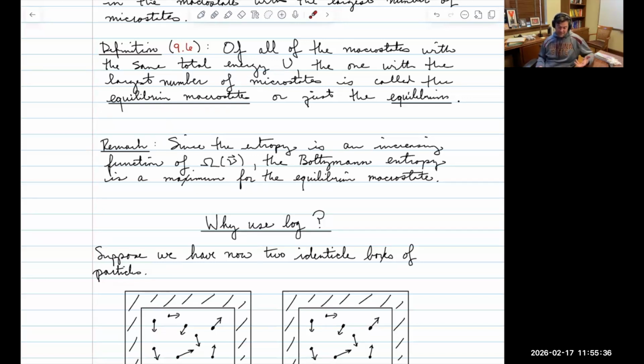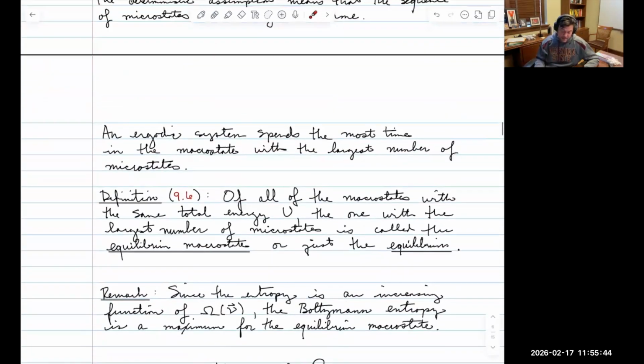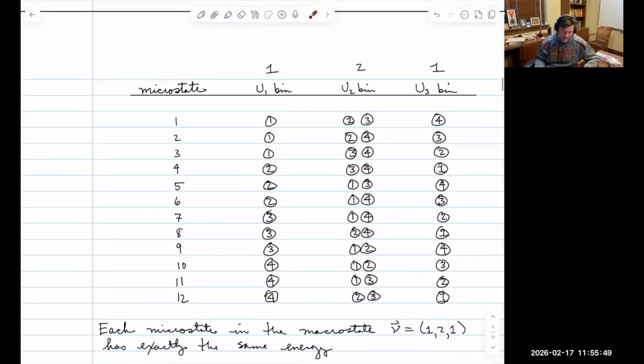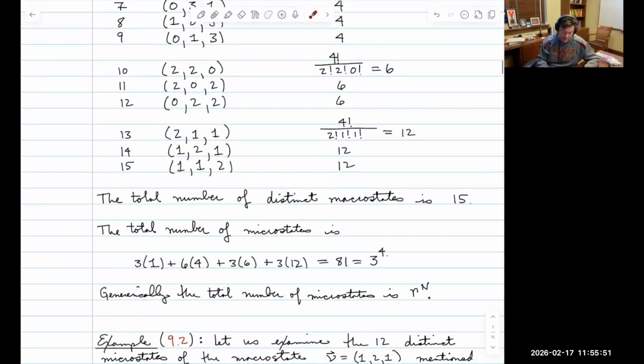Now, in real systems, as I start scaling these values up, the number of energy levels and the number of particles in the system, I haven't graphed it here, but what you'll find is that there emerges one macrostate which has a tremendously larger number of microstates than all the rest.